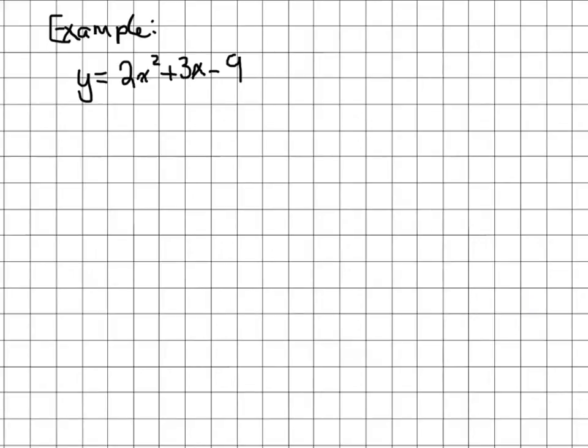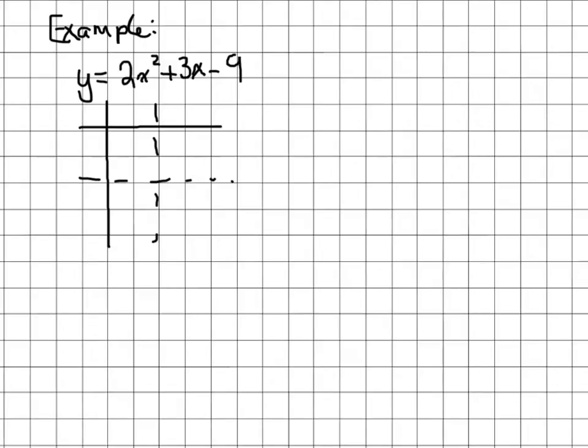All right, so now we're going to work through this example. We have y equals 2x squared plus 3x minus 9. And how this is going to work is we are going to create our chart, but instead of filling out the information on the outside of the chart, we're going to start by filling in the information on the inside of the chart, because that's where standard form comes from.